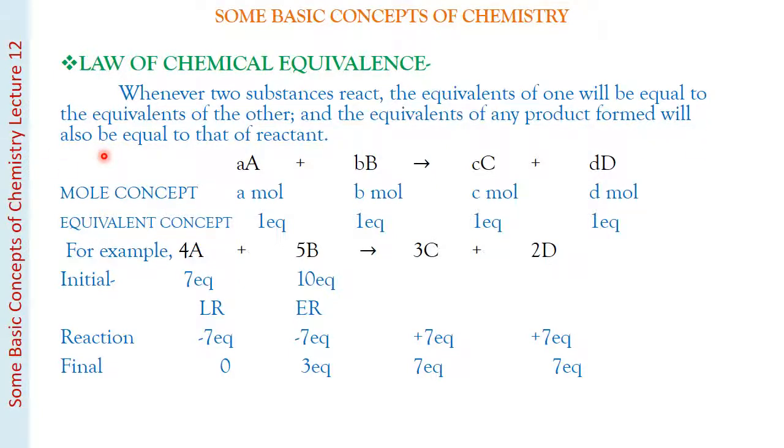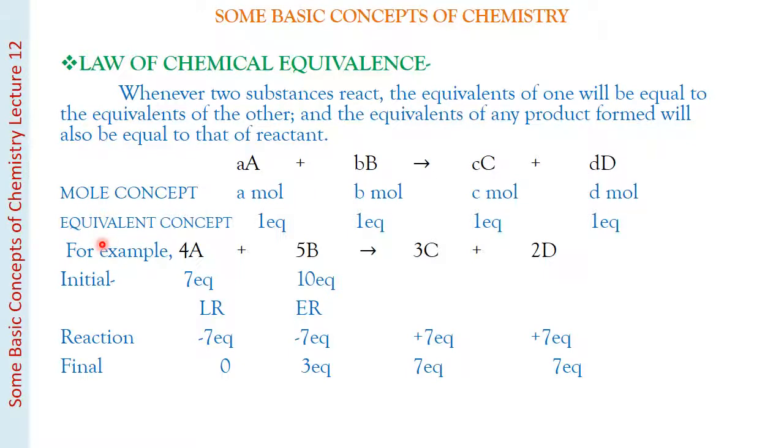So what I mean by this is that if we have a general reaction, a moles of A reacting with b moles of B forming c moles of C and d moles of D. So according to the mole concept, a moles of A react with b moles of B and form c moles of C and d moles of D. Right? This is how we have been doing the mole concept.